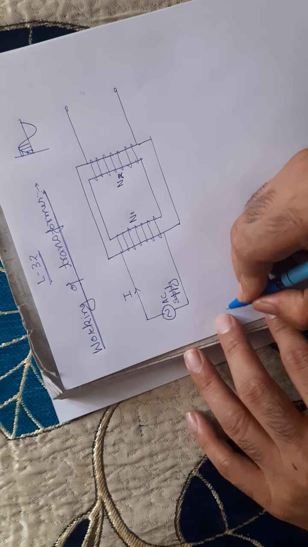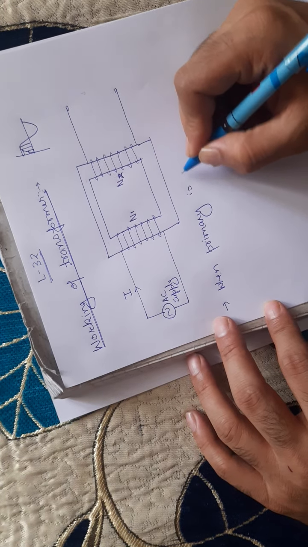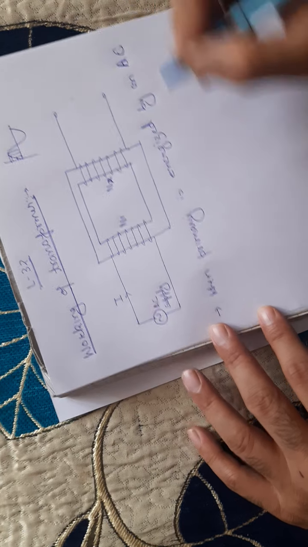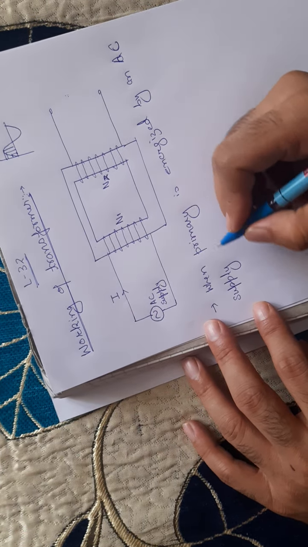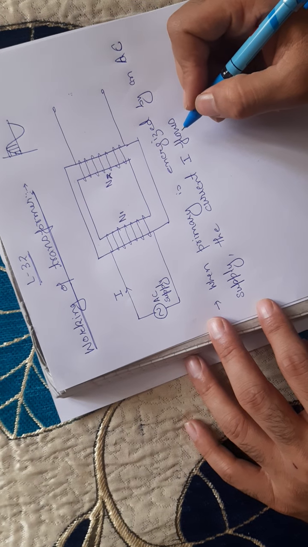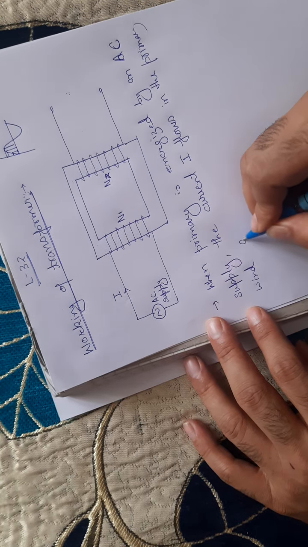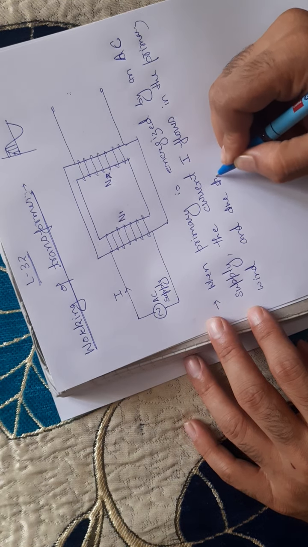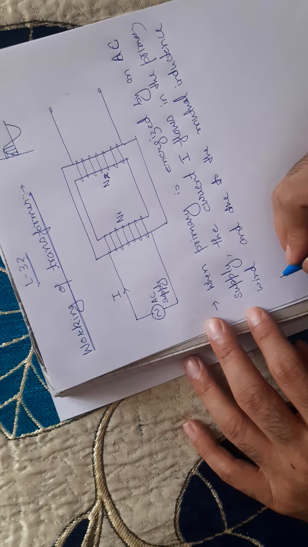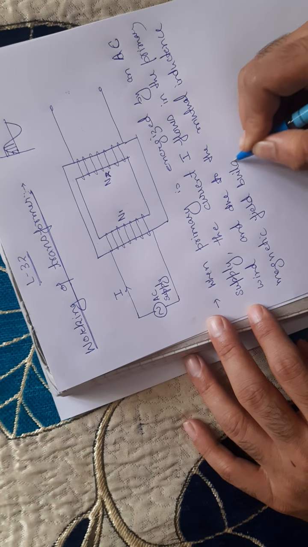So what I am saying here is, when the primary is energized by an AC supply, some current I will flow in the primary winding, and due to the mutual inductance, a magnetic field builds up.